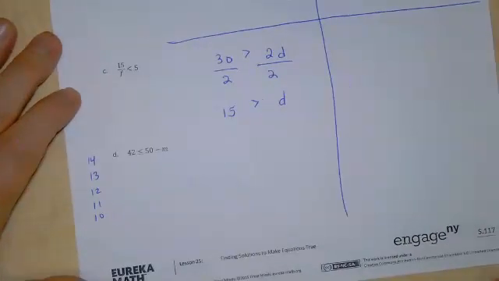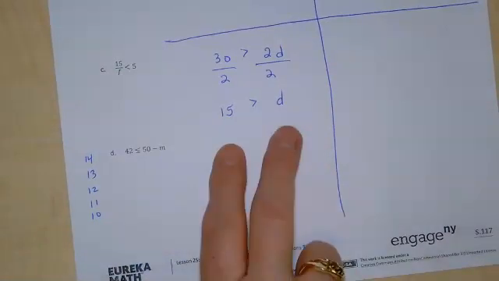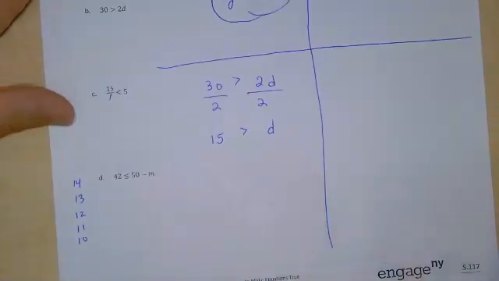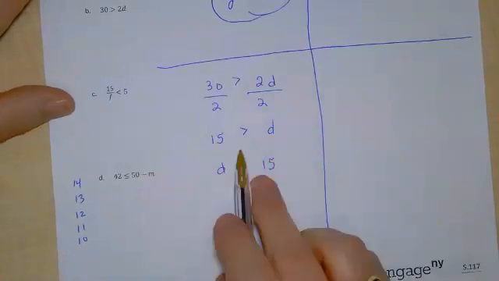Does that make sense? Okay, I asked that question because I want you to understand what I'm about to do. You ready to watch? In order to put the letter in the front and the number in the back, I got to flip them over. Guess what's going to happen to that?